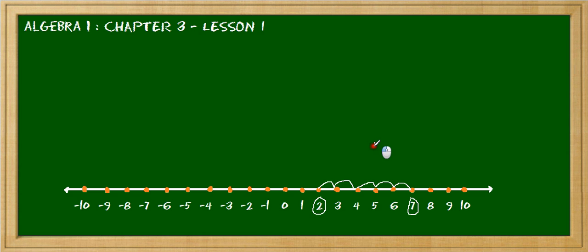So the distance would be 5. Now I'm just going to point out to you that we would have been able to simply subtract 2 from 7.